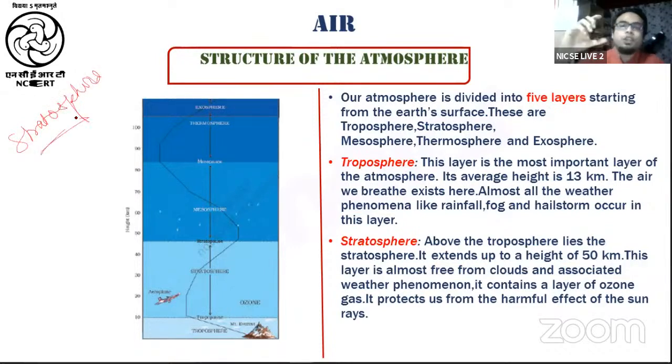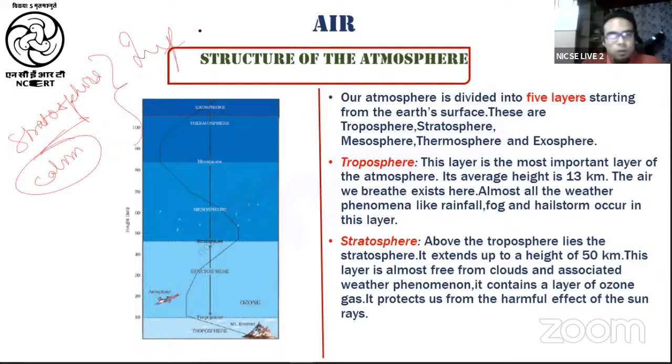Why? Because in the stratosphere, there are no instabilities present. By instabilities, I mean there are no weather activities present, right? So your stratosphere can be considered a calm layer. And since it is a calm layer, your aeroplanes find it more feasible to fly in the stratosphere rather than in the troposphere, right? This point again is very, very important.